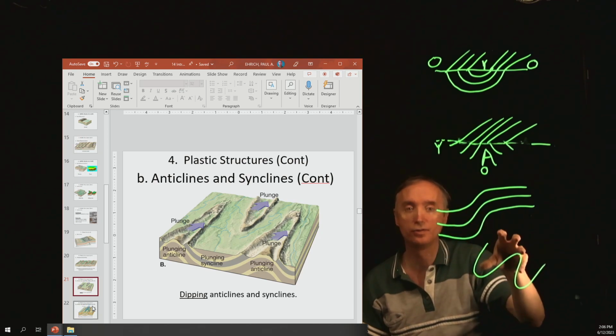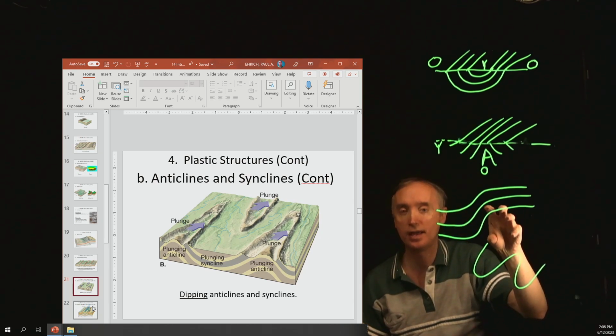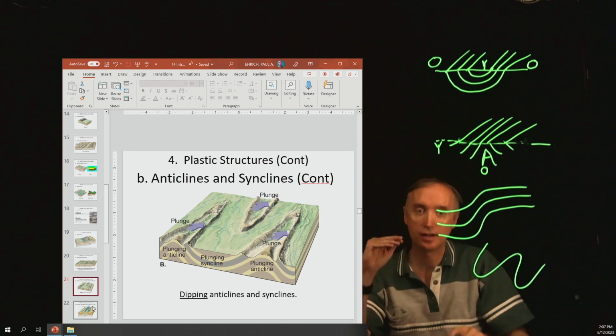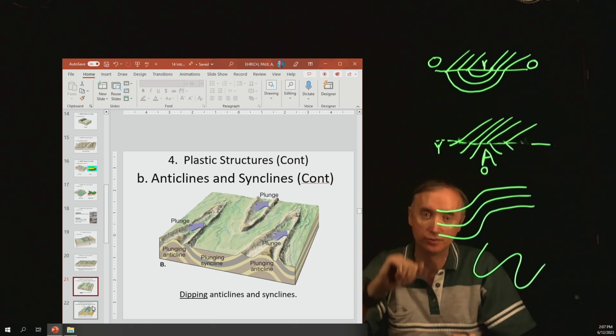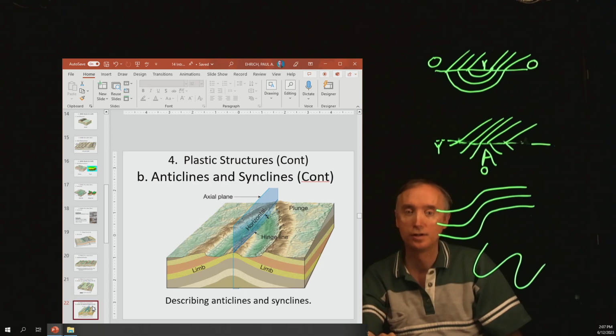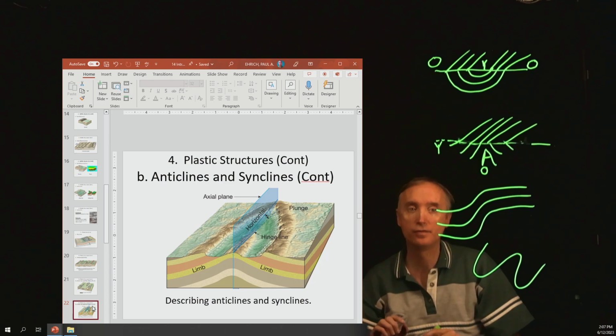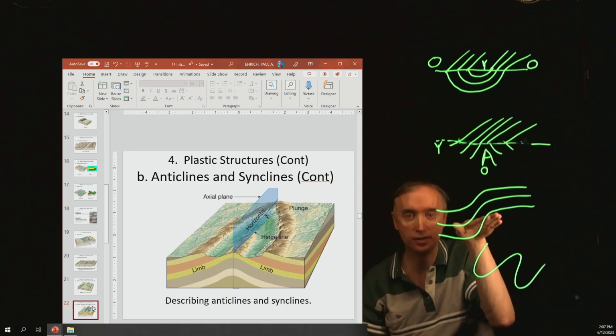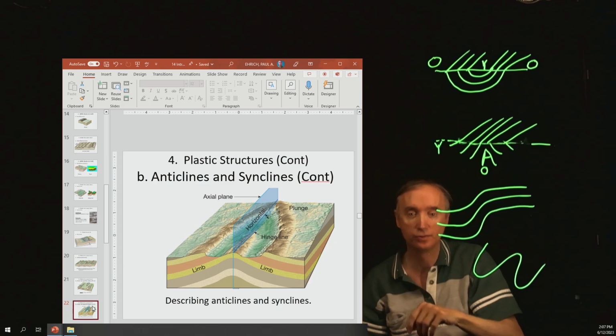And when it does tilt, we refer to the anticline or the syncline as plunging. And so there is an axis of plunge, where those anticlines and synclines are going down into the earth. Okay, so you have an axis of the fold there, and then that axis is plunging into the earth.